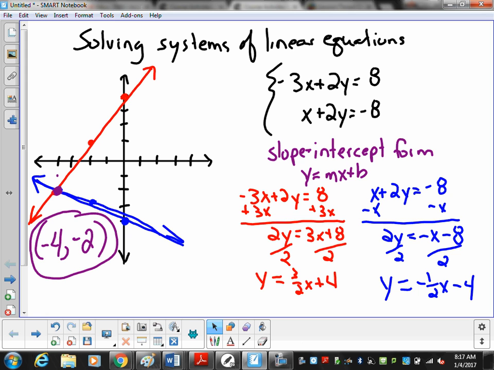So there's the solution to that system of equations solving by graphing. Questions on that piece? We're all good.